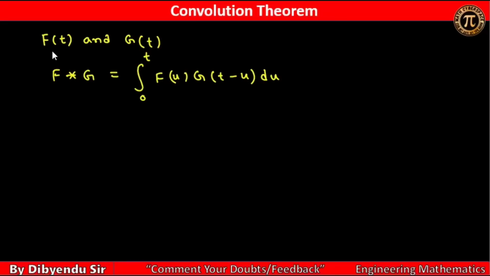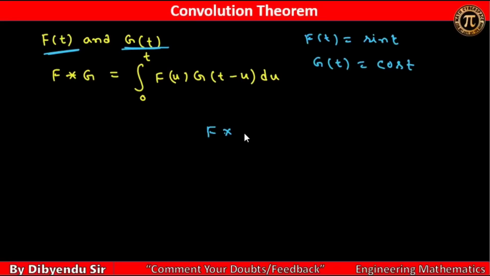That means this is the given function f(t), and you have to change the variable t, so f(u). Now this is the given function g(t); in place of t, you have to write t minus u. For example, suppose f(t) equals sin t, and g(t) equals cos t. So what will be f star g?